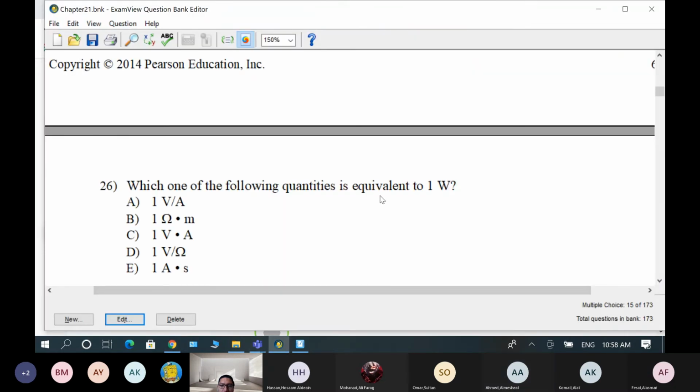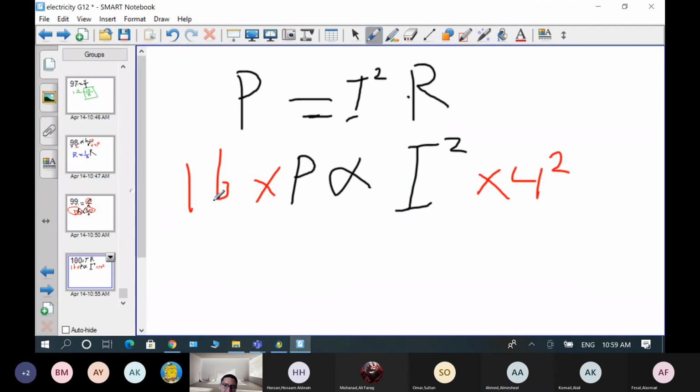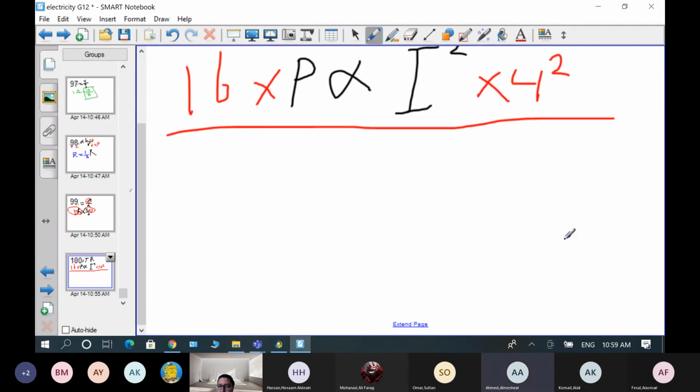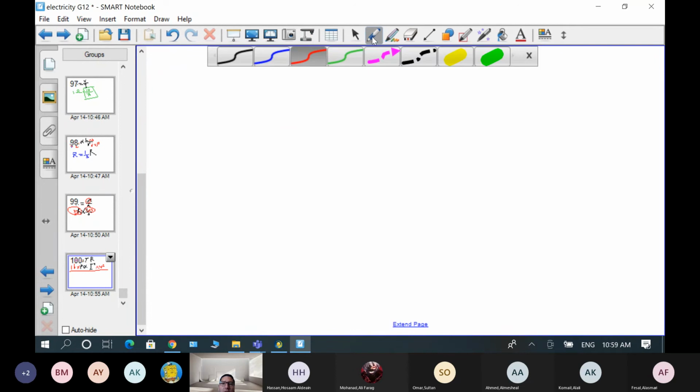Ahmed, which one of the following quantities is equivalent to 1 watt? Let's see: 1 volt multiplied by 1 ampere. This question may be confusing for some of you, because we have many equations for power.